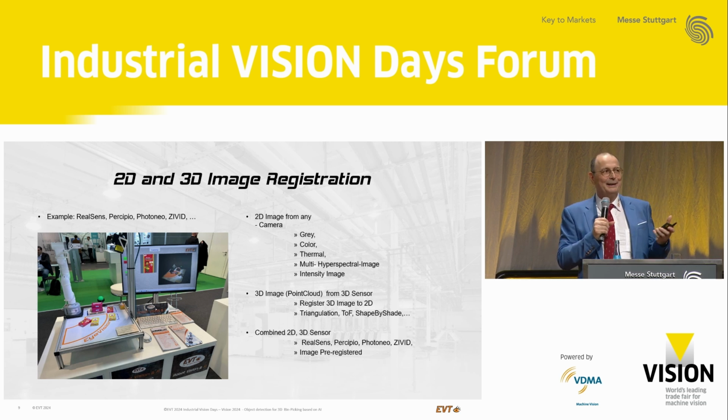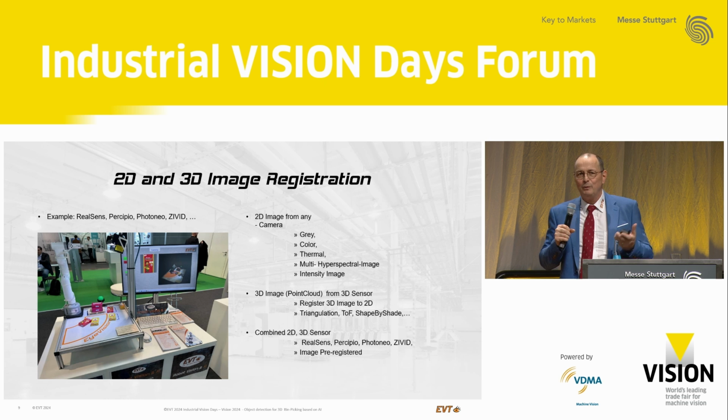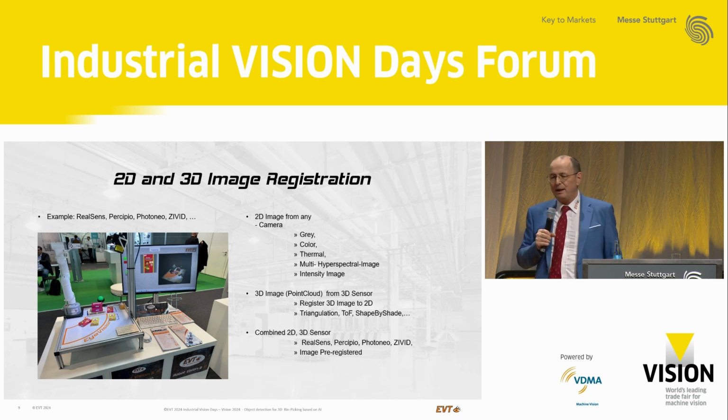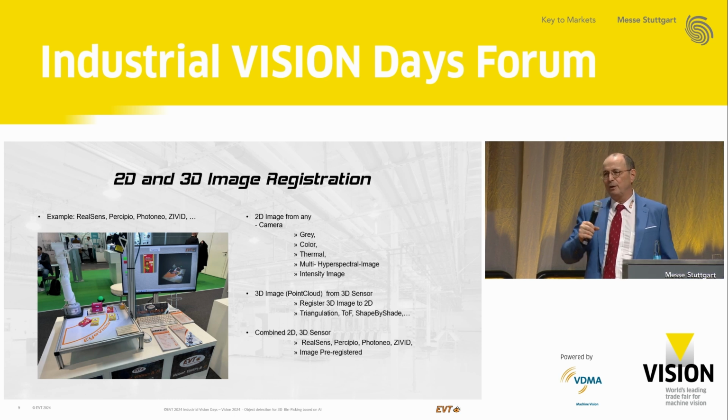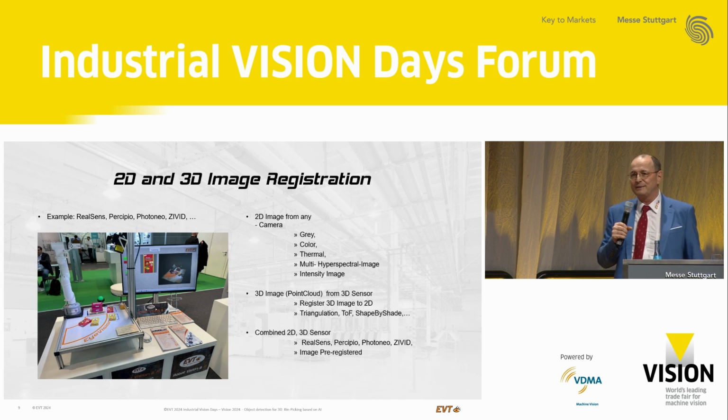Either you buy a camera from IDS, Basler, or whomever who can do that. In 3D, for example, if you want to start with it, you could use an Intel RealSense, which gives you this information. But if you want to go more industrial, you can use, for example, a Photoneo or a Zivid sensor, which also generates these images.